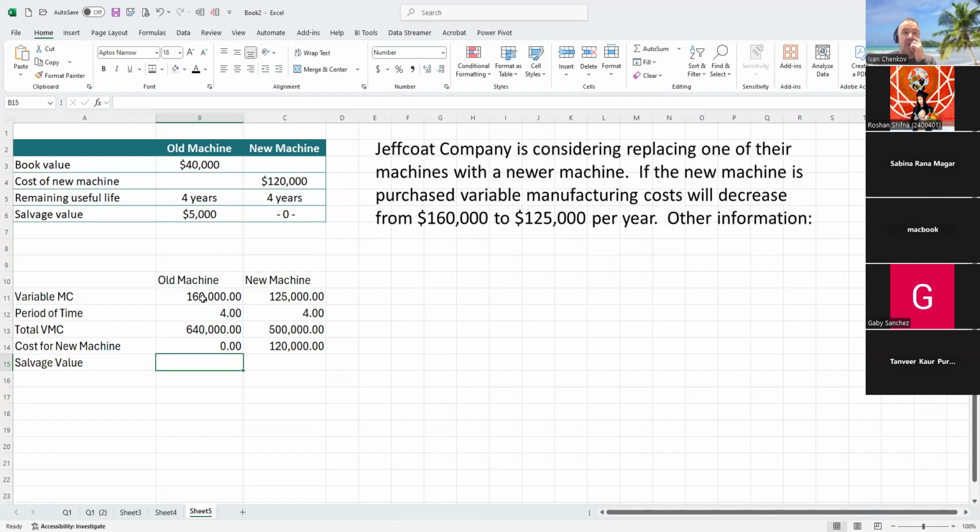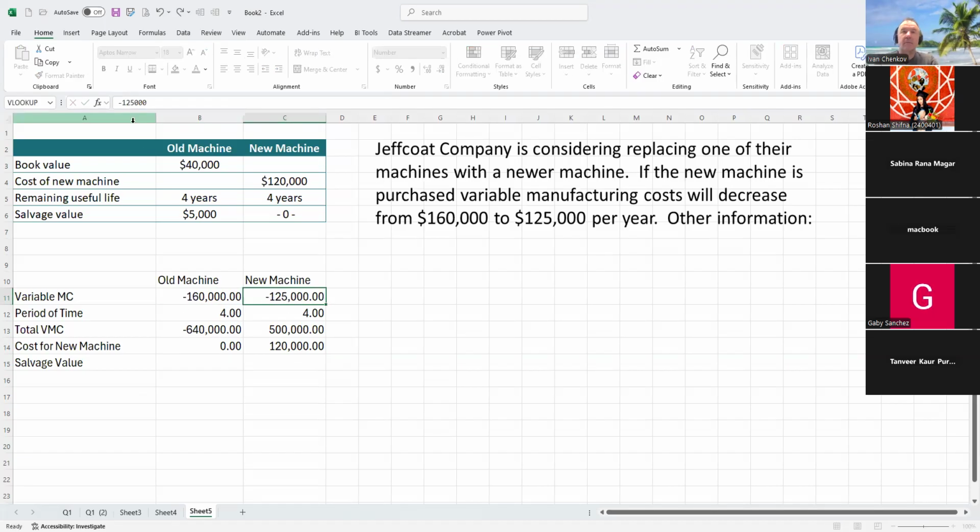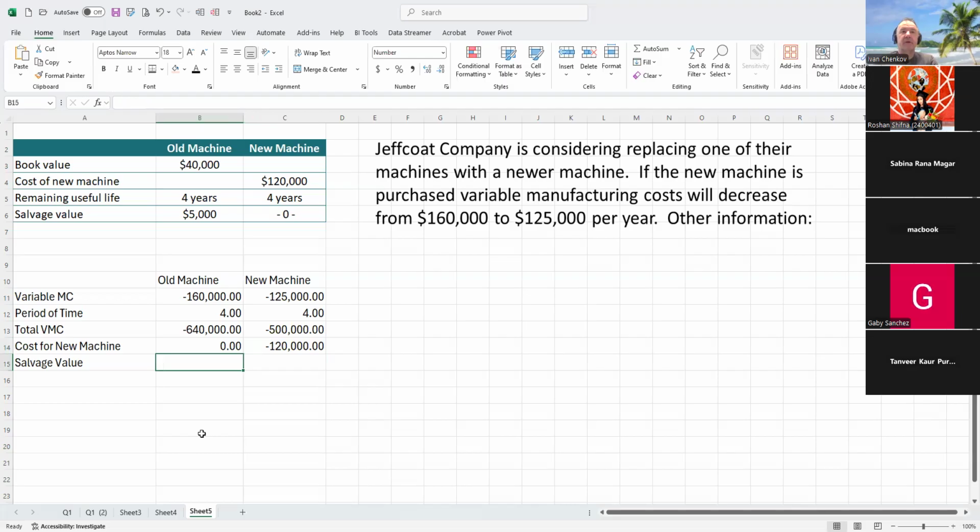Now, if this is a cost, let's put it as a negative. Are you agree with me? Yes. And if this is a salvage value, that means money coming in, correct? That will be 5,000 here, and here I'm going to get 0.